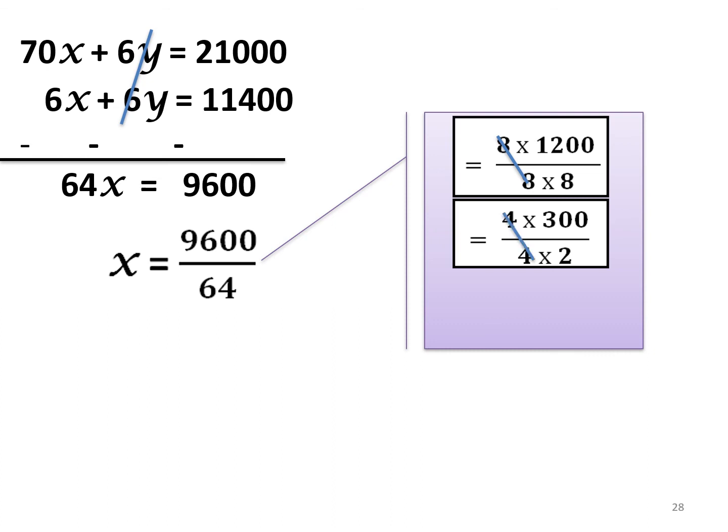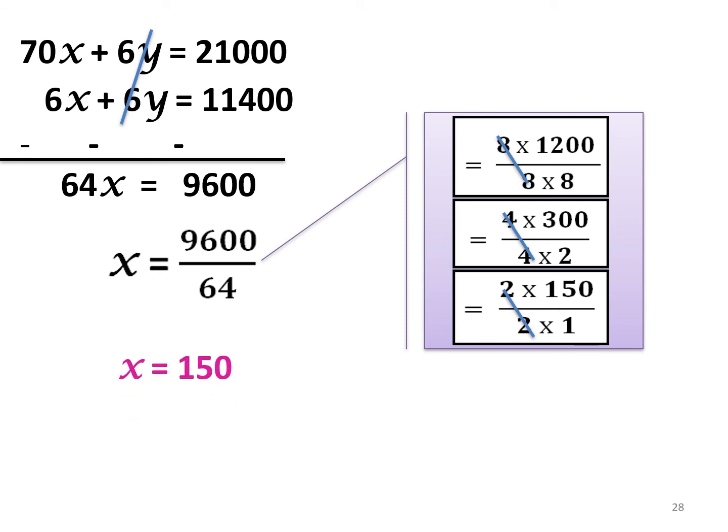You are left with 300 upon 2. 300 can be split up into 2 into 150 upon 2 into 1. 2 from the numerator and denominator gets cancelled and you are left with 150 upon 1. Therefore, the value of x is equal to 150.